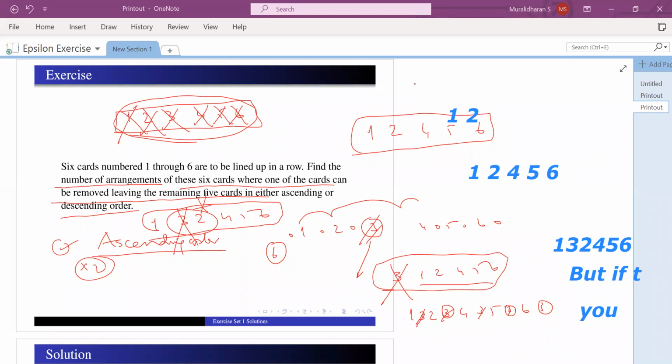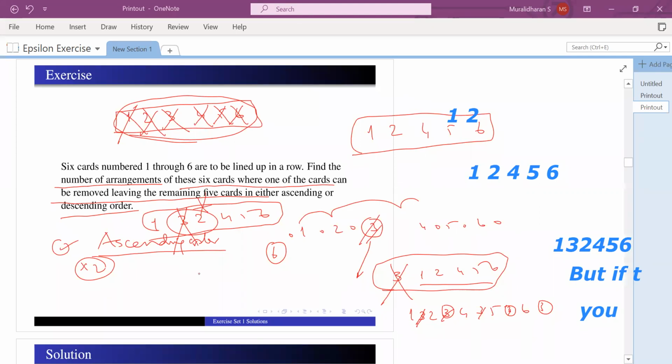If you remove one of the cards, you can remove 2, you can remove 3, and it will still be in ascending order. Yes, that's correct. 1, 3, 2, 4, 5, 6 can be reduced to 1, 2, 4, 5, 6 or 1, 3, 4, 5, 6. So that arrangement will be counted twice in our method, meaning when I do this, deleting and re-entering, that arrangement will come twice. That's why I can't do that, right?